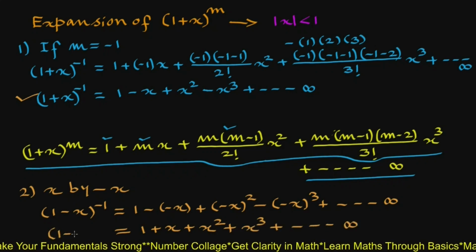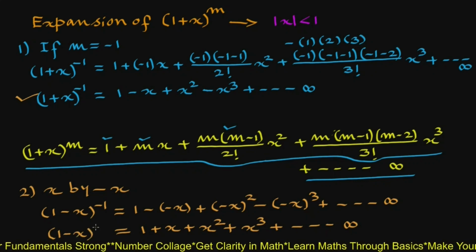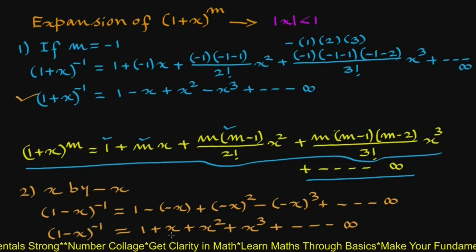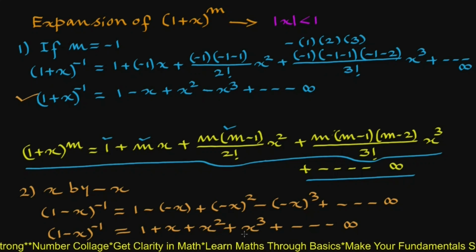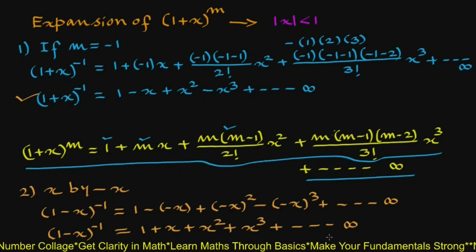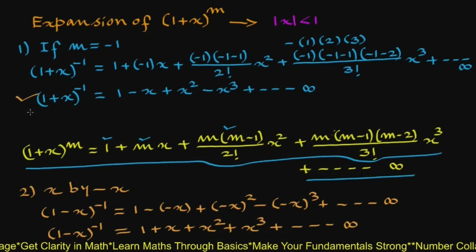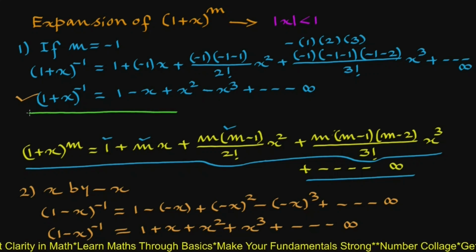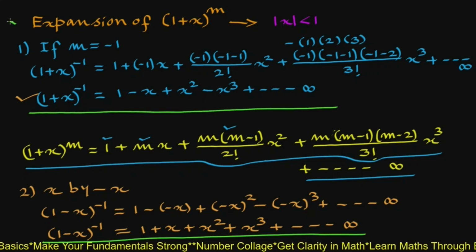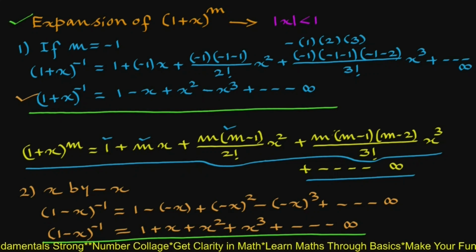So we get another result, (1 - x)^(-1) as 1 + x + x^2 + x^3 + so on and so forth up to infinity. So we get these two important results from the expansion of (1 + x)^m.